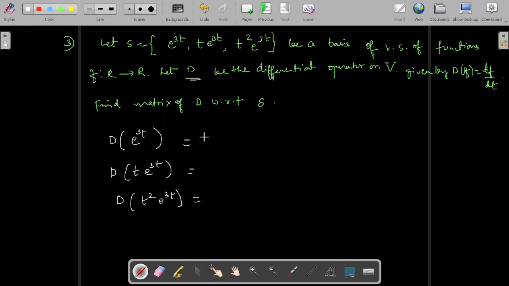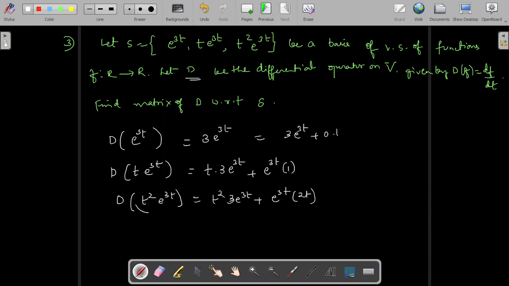The derivative of e to the power 3t is 3 into e to the power 3t. Here product rule: 1 into 3 into t e to the power 3t, plus e to the power 3t into 1. Next here also product rule: t square into 3 into e to the power 3t plus e to the power 3t into 2t. Now this can be written in terms of the basis as 3 e to the power 3t plus 0 into t e to the power 3t plus 0 into t square e to the power 3t, because there are no those two terms.